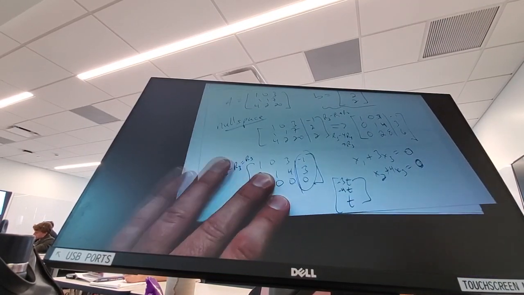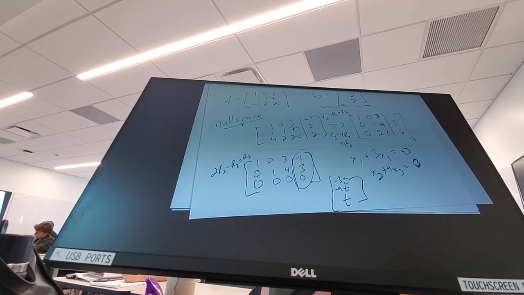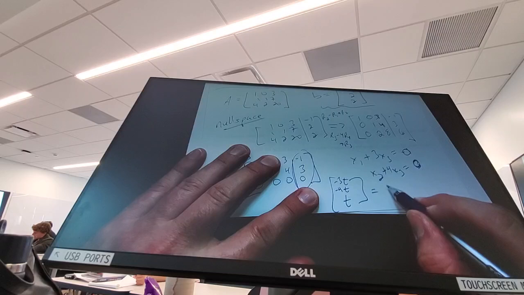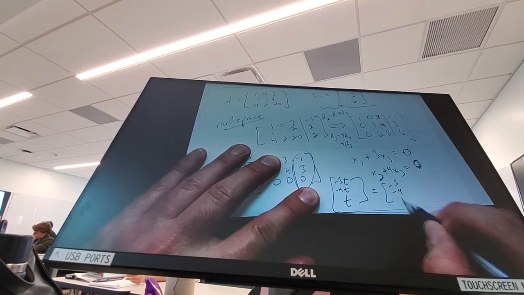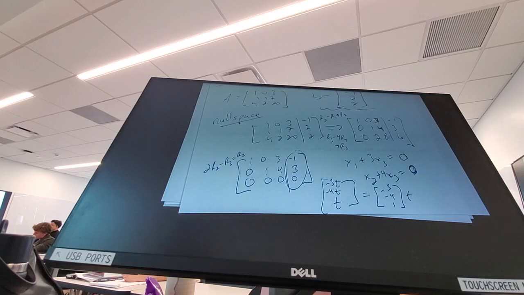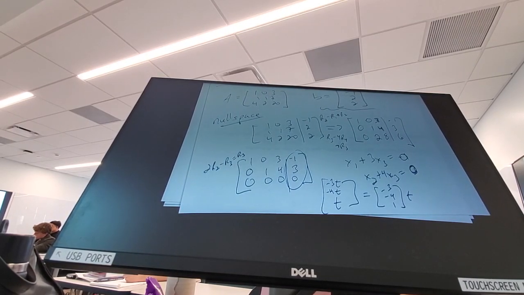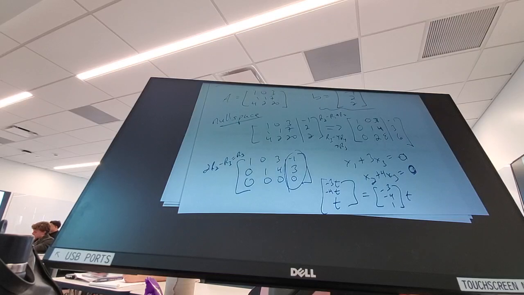Negative 4T. And of course, I can write this as negative 3, negative 4, 1 times T. So my basis vector for my null space is negative 3, negative 4, 1. That is a basis. So my null space is basically along that line.